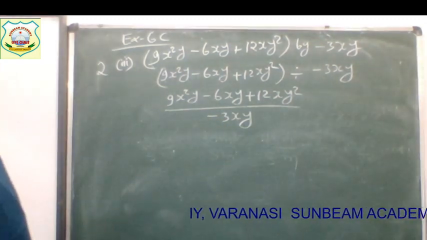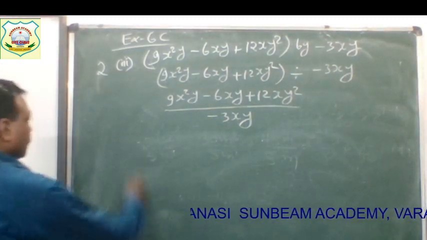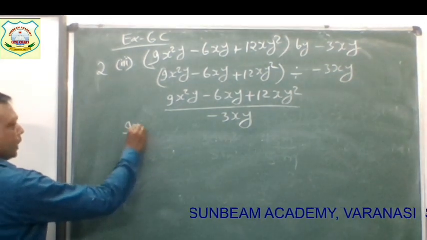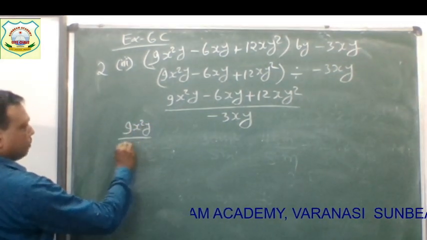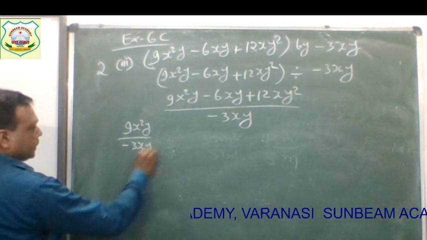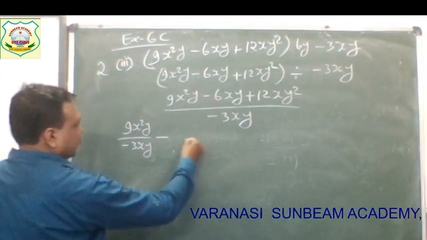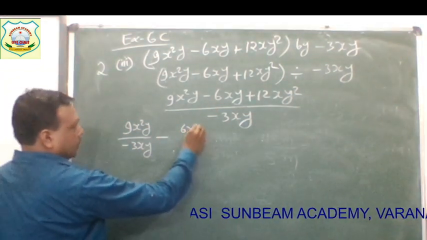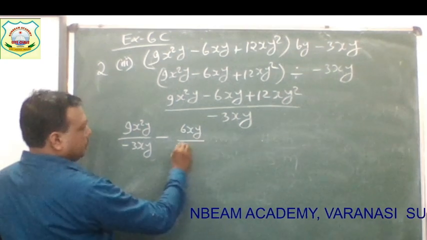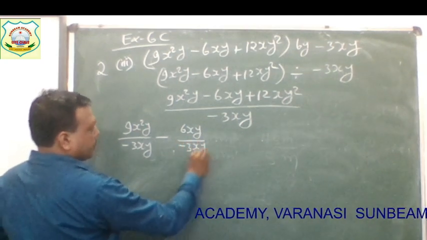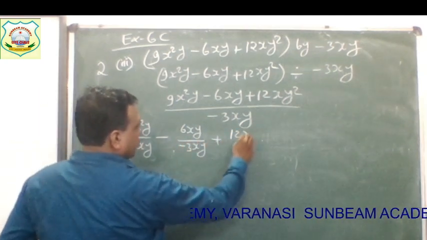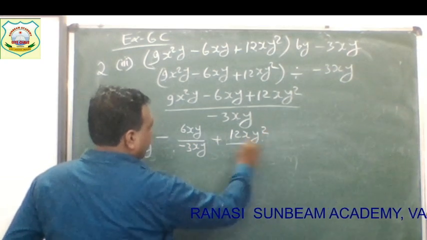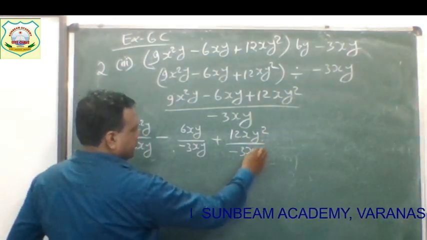Clear? We will separate it: 9x square y upon minus 3xy, then minus 6xy upon minus 3xy, plus 12xy square upon minus 3xy.